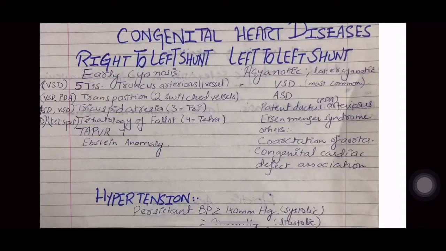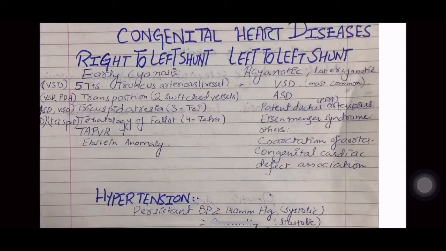In left to right shunt, we have ventricular septal defect, atrial septal defect, patent ductus arteriosus, Eisenmenger syndrome, coarctation of aorta, and congenital cardiac defect association. So, ventricular septal defect is the most common congenital cardiac defect. In atrial septal defect, distinct from patent foramen ovale in that septa are missing tissue rather than unfused.